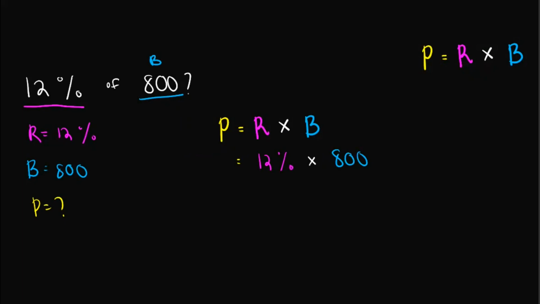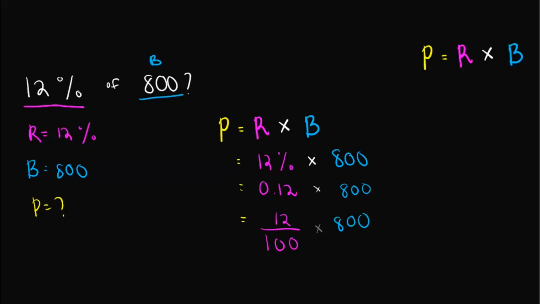Note that 12%, we can write that one as 0.12 and 800 out here. Now again, we can still convert this decimal into fraction, and that would give us 12 over 100 times 800.